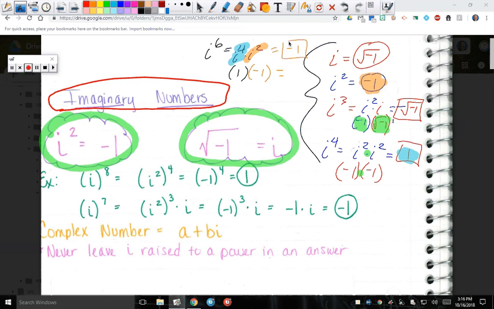Now there's a faster way to do this. If it happens every 4, all I have to do is concentrate on this exponent and see what the remainder is if I were to divide by 4. Now we've been doing long division with polynomials. We can do it with easier numbers like this as well. We know this would be 1. When we subtract, we have a remainder of 2. This remainder of 2 means this, guys.